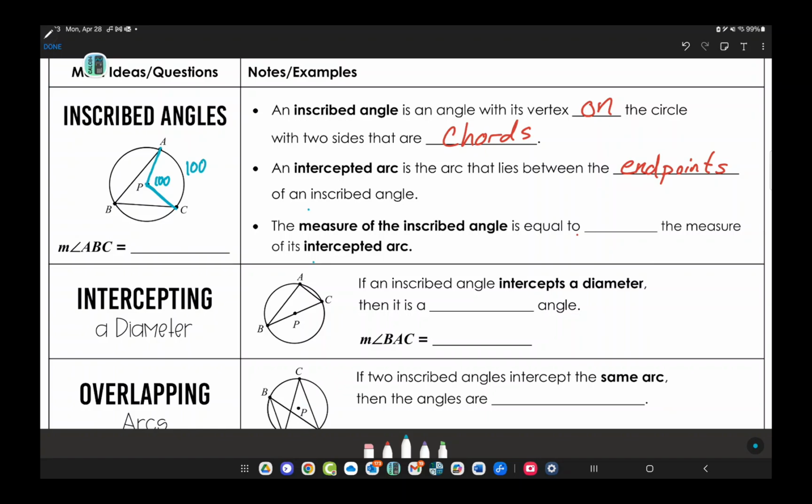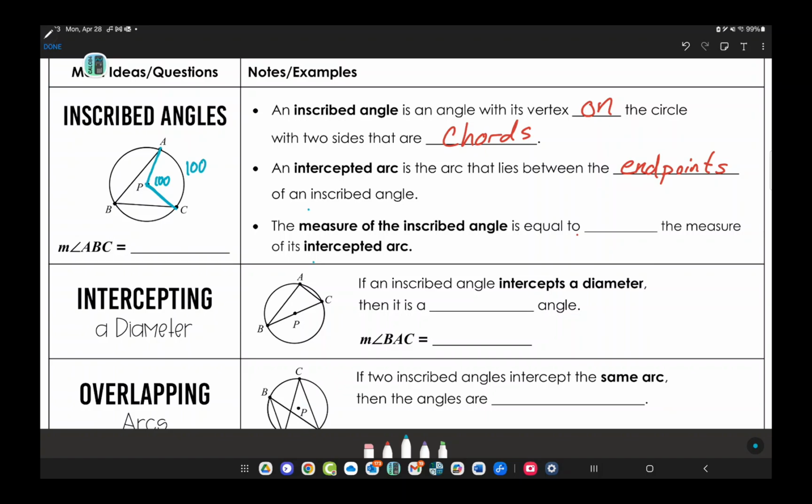What would you say the distance from the vertex of the inscribed angle is compared to the distance of the vertex of the central angle? Double. So what do you think is going to happen to the angle measure?